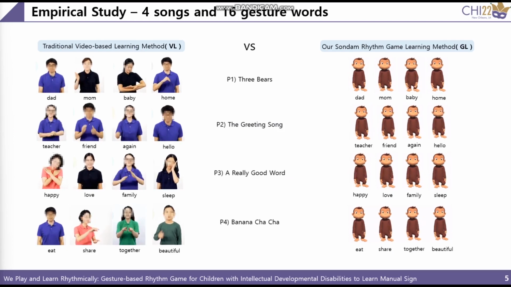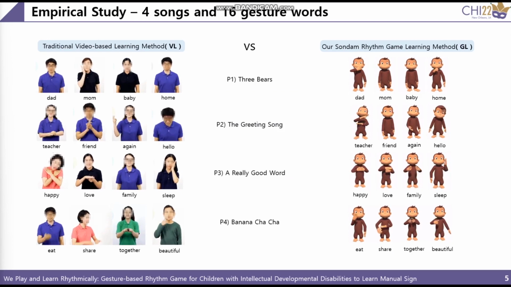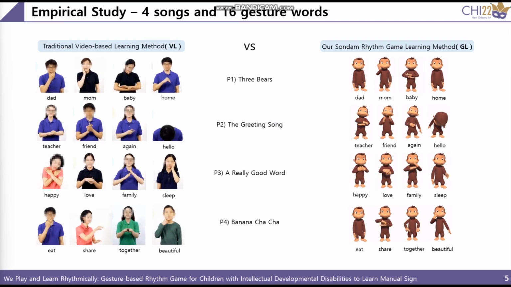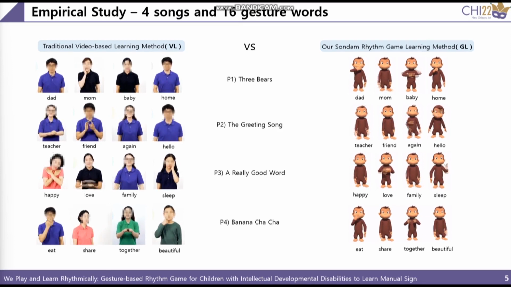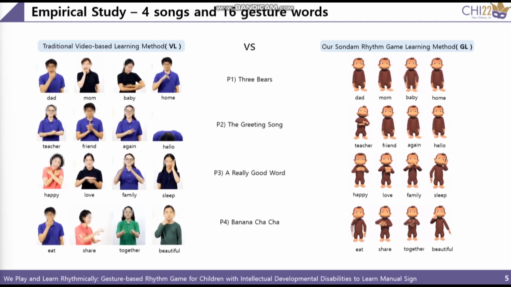To identify the usefulness of our game, we conducted a comparative study. We analyzed 16 Sondam words, including 4 children's songs, comparing the traditional video-based learning method and our game-based learning method.